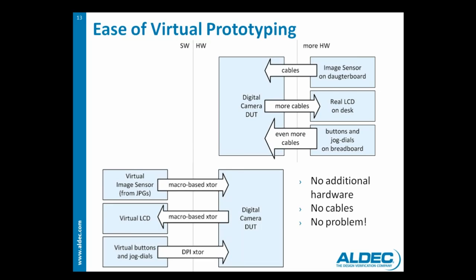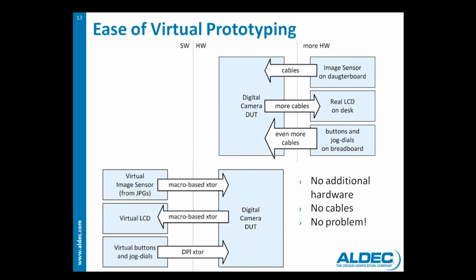Next is ease of virtual prototyping. On the top of the slide you can see the traditional approach, and on the bottom you can see how SCE-MI can be used for virtual prototyping. In the traditional approach, you have the hardware prototyping board and the design.